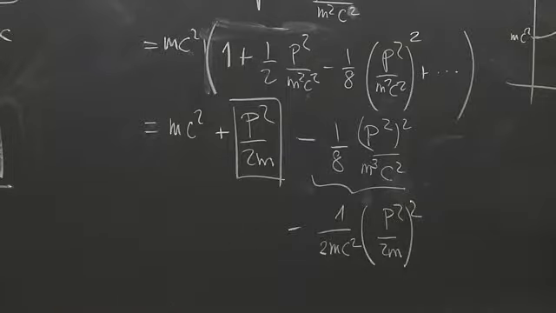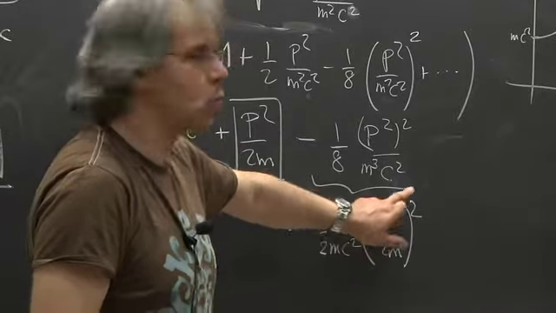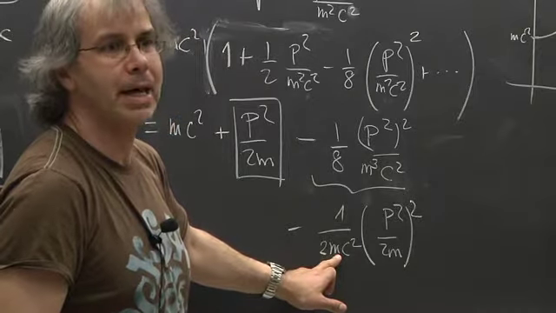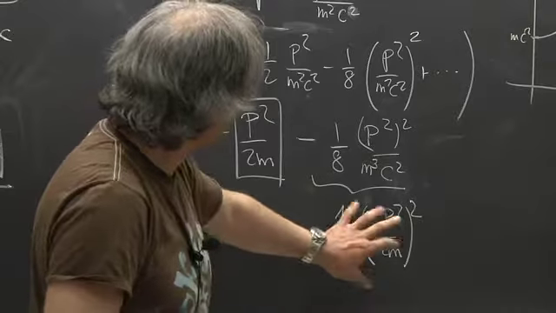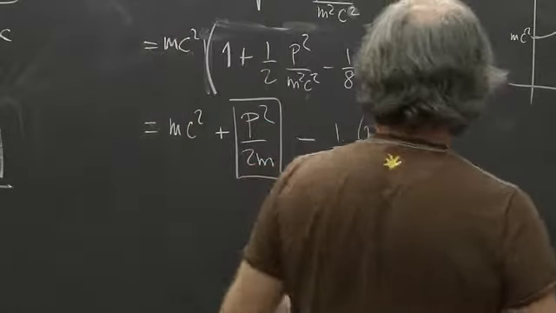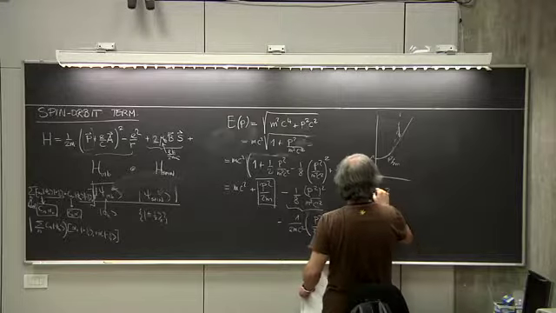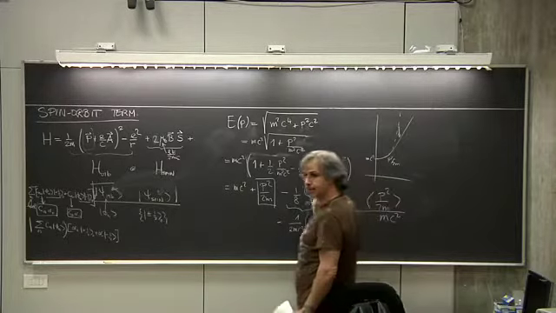So the order of magnitude of this is 13 electron volts squared, divided by the mass of the electron, mega electron volts. So the ratio between this term and this term is essentially the average of p squared over 2m divided by mc squared.